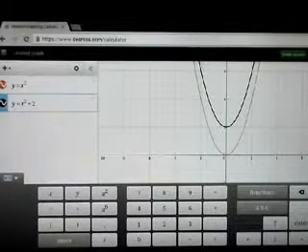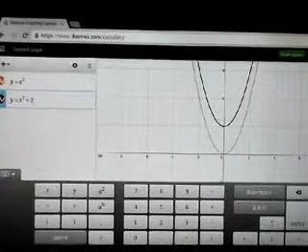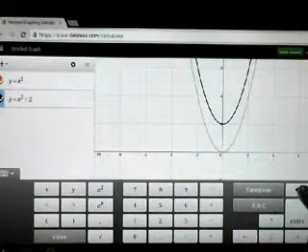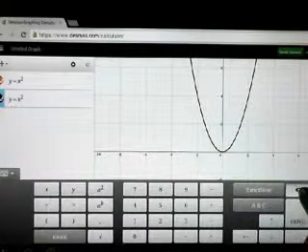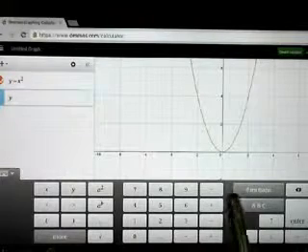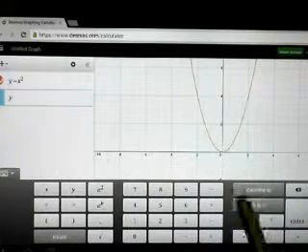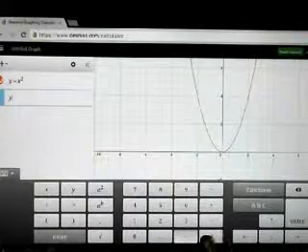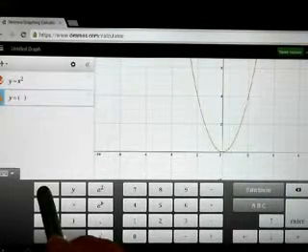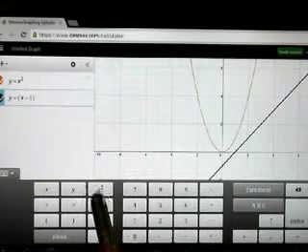Okay? Let's erase that one so we don't get too many on here at the same time. Put in y equals, parenthesis, x minus 1, and then you want to make it squared.